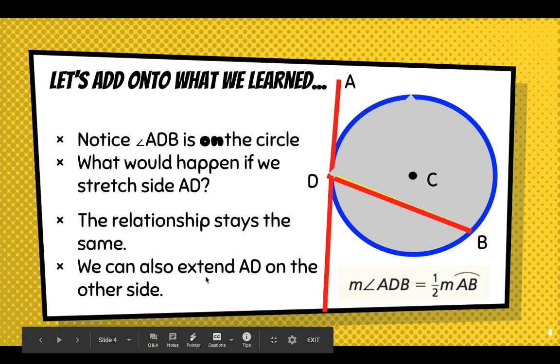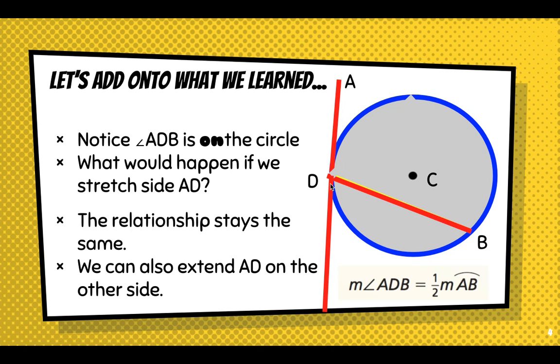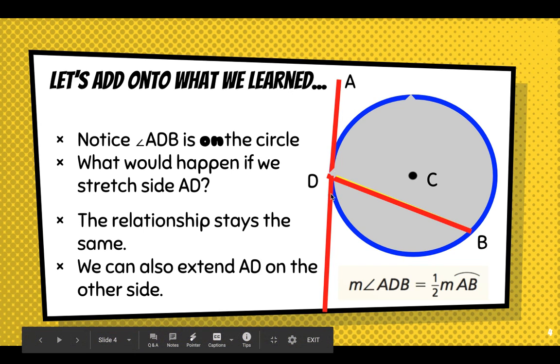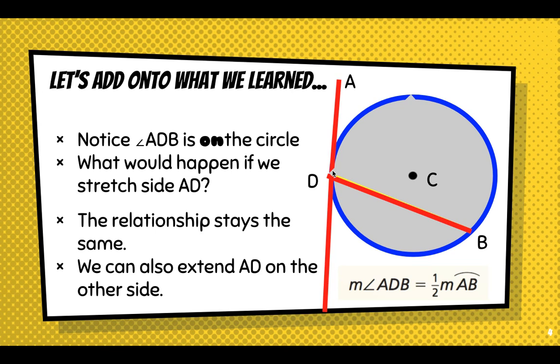We can also extend AD on the other side, and that is what I drew. I forgot to animate it in the right order, but that's this. This is a straight line, and it's tangent to this circle. And in here you have a chord, so you have a tangent and a chord. This angle right here has a measure that is 1/2 the measure of this huge arc.